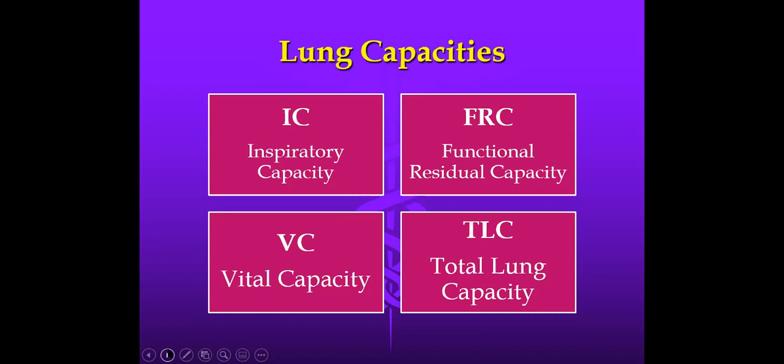Or VC plus RV, right? TLC equals all of that. Several different ways I can show that mathematically. Okay? TLC, which is all of it, is IRV plus VT plus ERV plus RV, or vital capacity plus RV, or inspiratory capacity plus functional residual capacity.